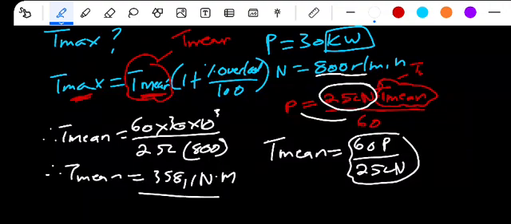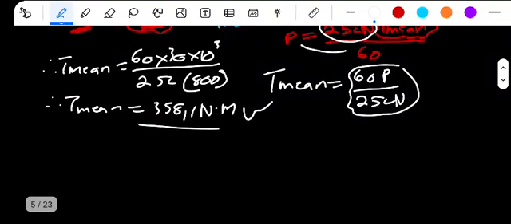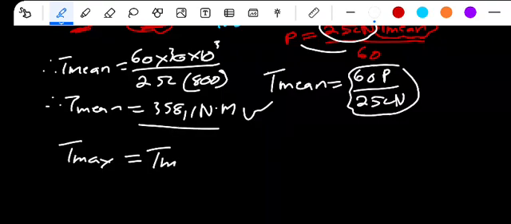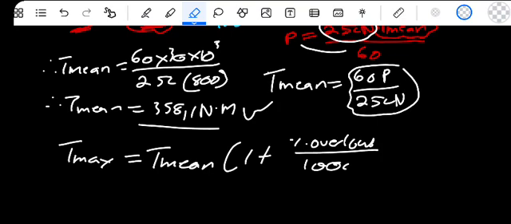Since we have the T mean, we can find the maximum torque, because we have said that T max will be equal to T mean into 1 plus percentage overload divided by 100.